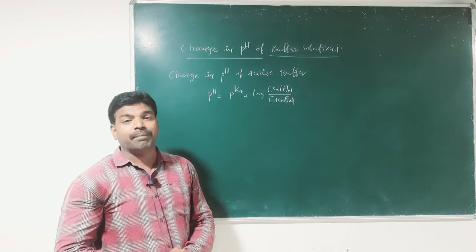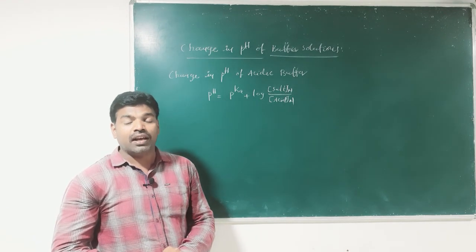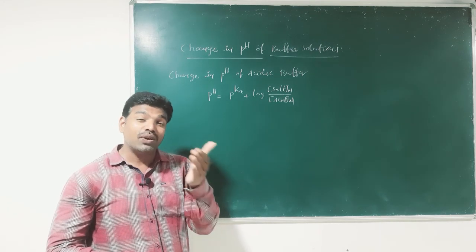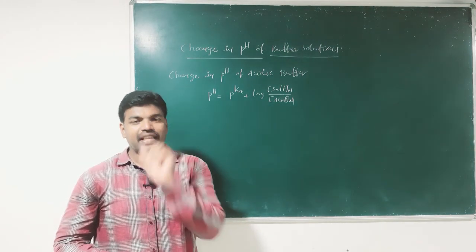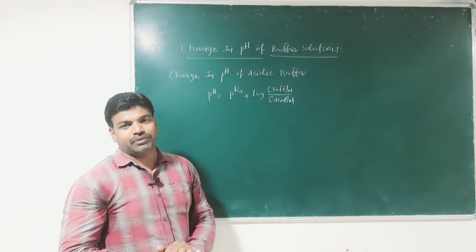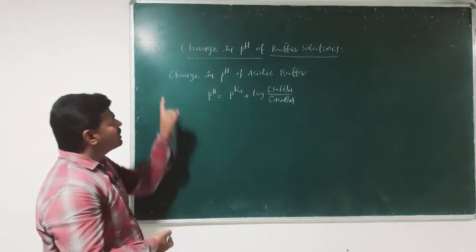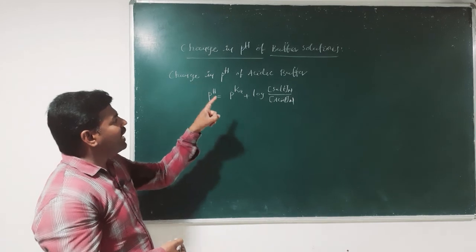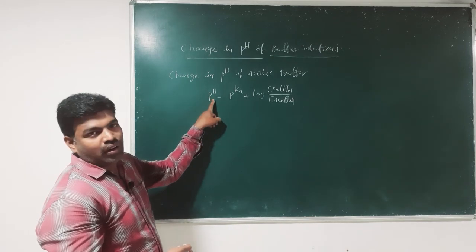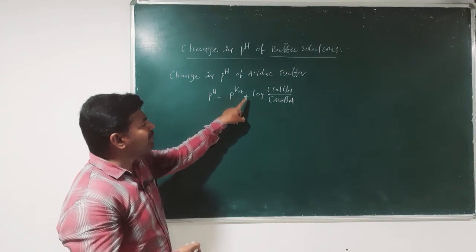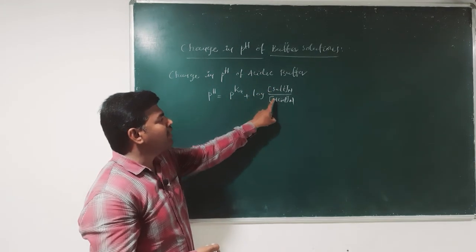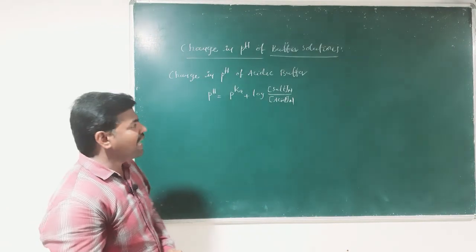So that is why we are calculating that small change in pH numerically. So, change in pH of acidic buffer, and the pH of acidic buffer is pH is equal to pKa plus log concentration of salt by concentration of acid.